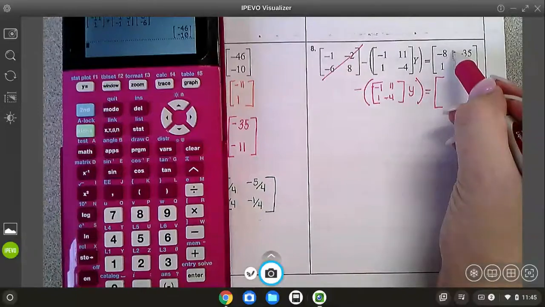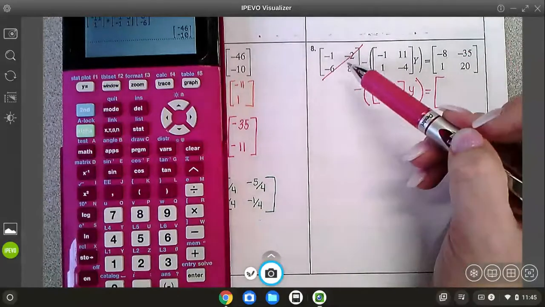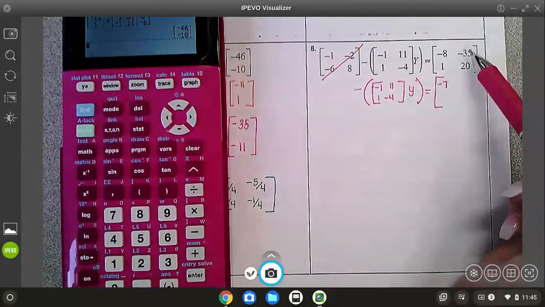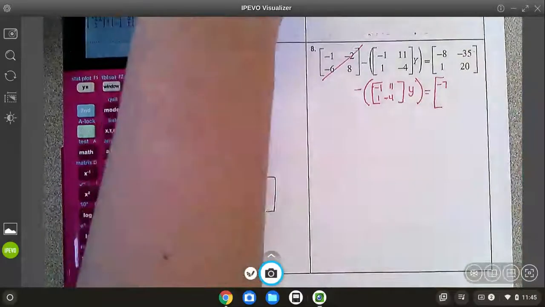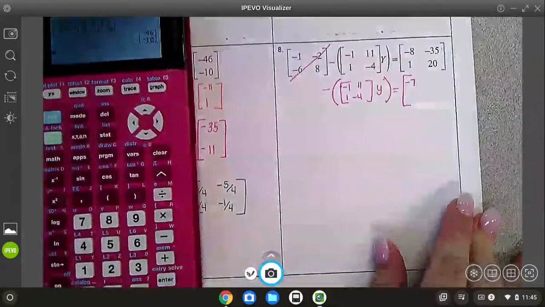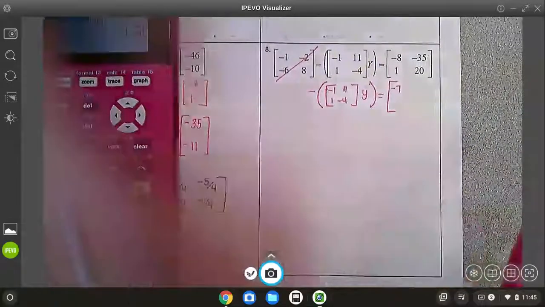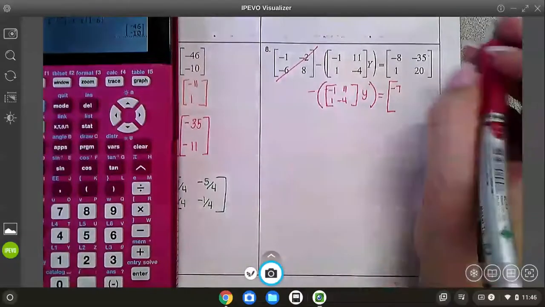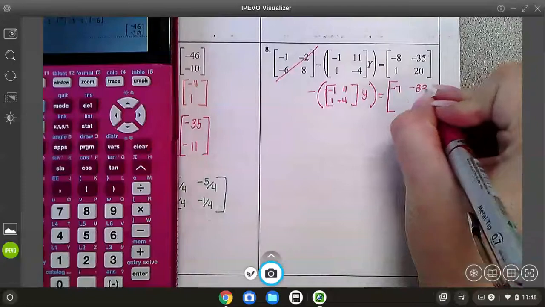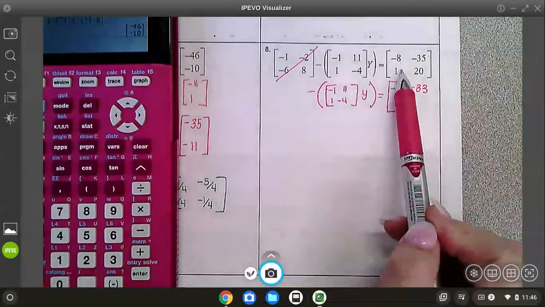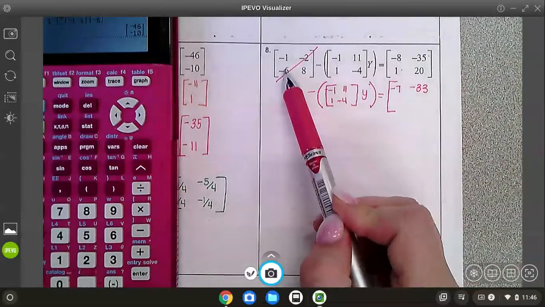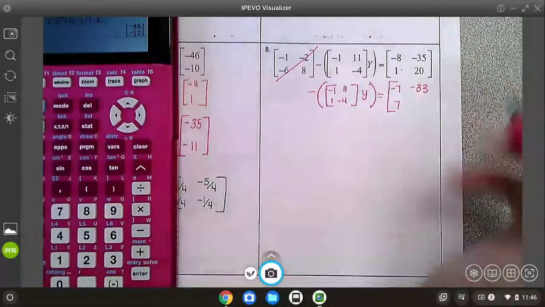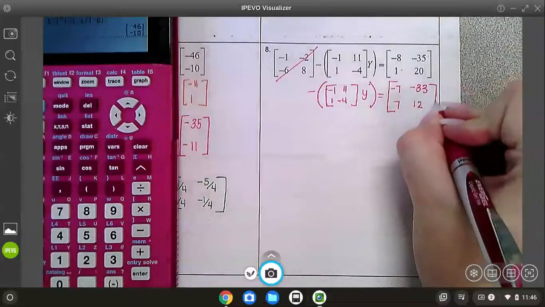So negative 8 minus negative 1 is negative 7. Negative 35 minus negative 2 is negative 33. 1 minus negative 6 is positive 7. And 20 minus 8 is 12.